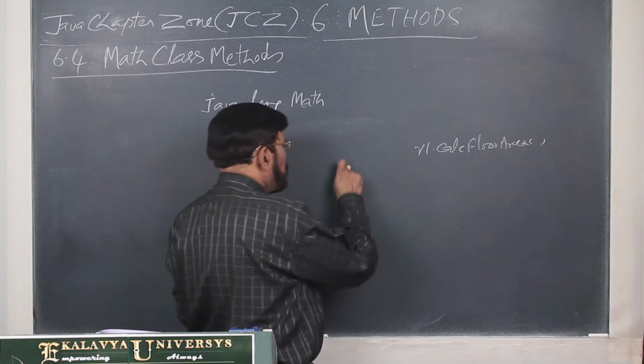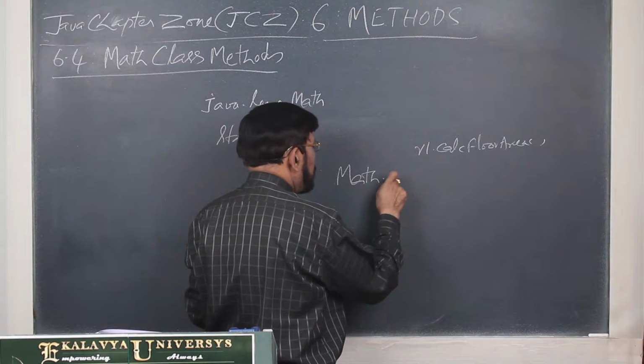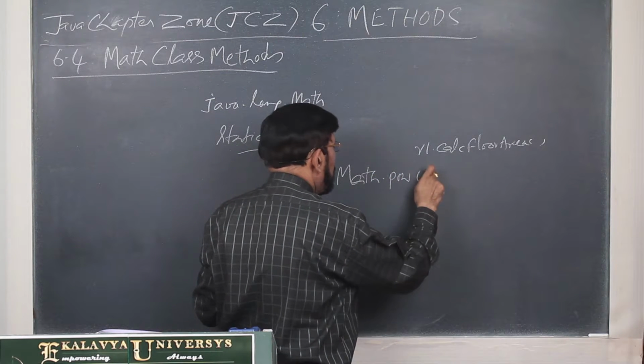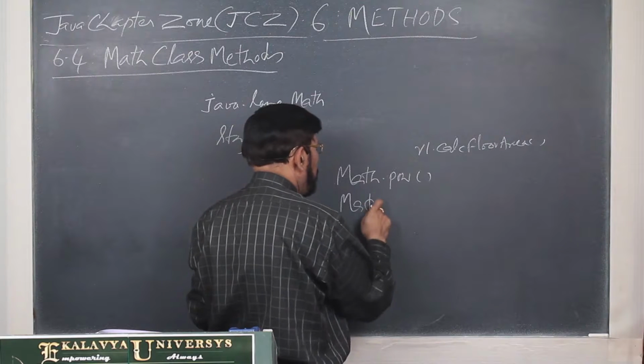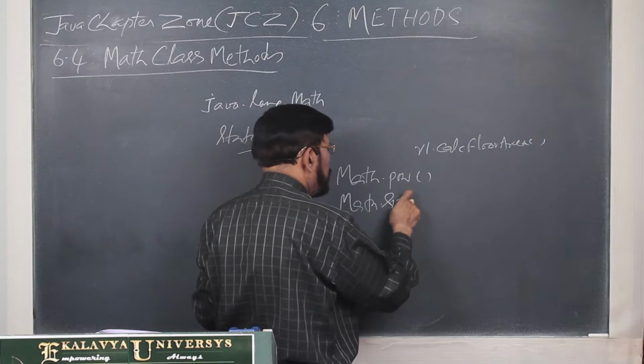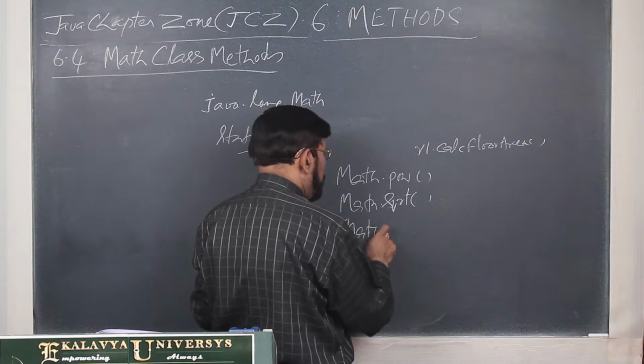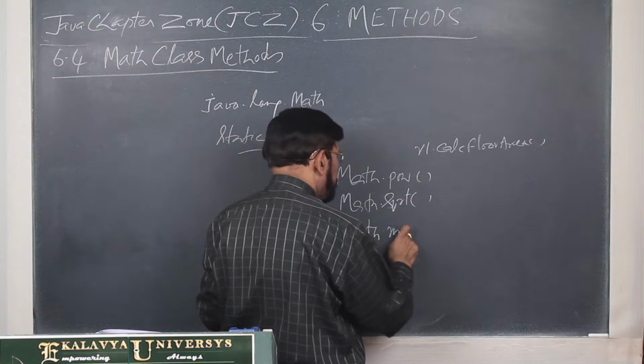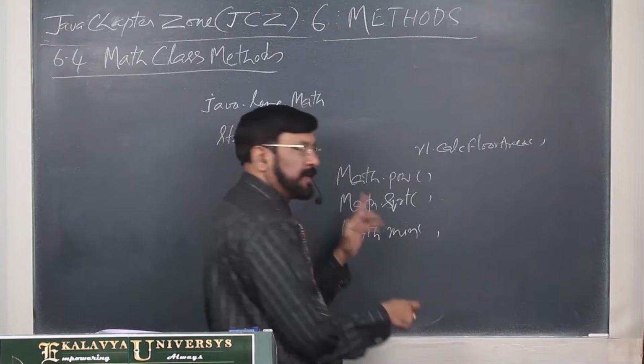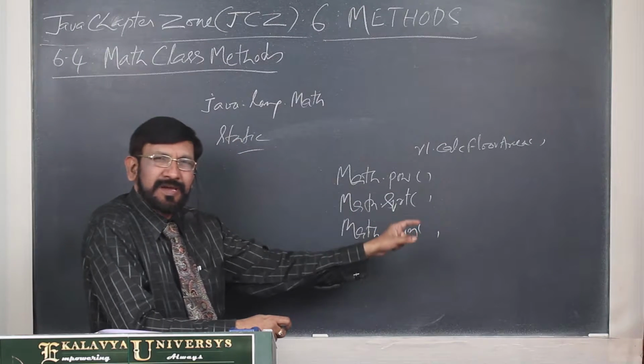That's why, suppose Math.pow, Math.sqrt, Math.min, like that we have to call simply by convention. This is a convention.